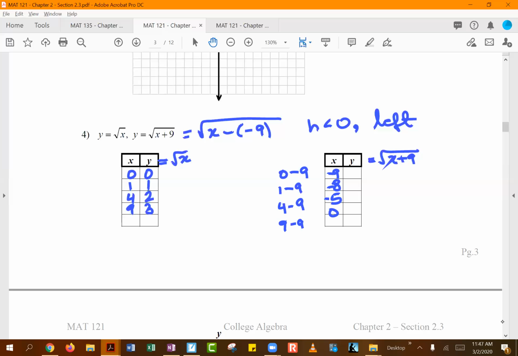I mean, you can use 16 here, but when we graph it on our grid, you won't be able to plot that point. But you can definitely use 16. And actually, if you did 16 minus 9, what would you have? Alrighty, so now tell me what those y values will be for our second function. Now you are doing negative 9 plus 9 on the inside, which will give you 0.